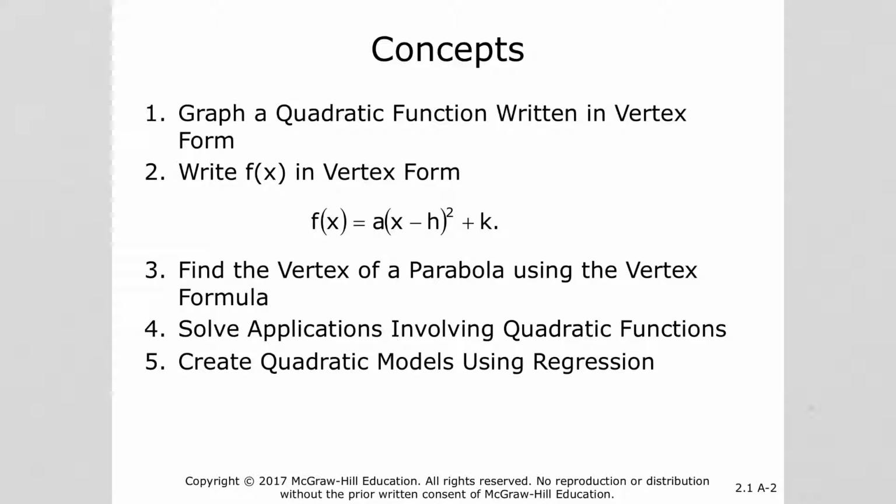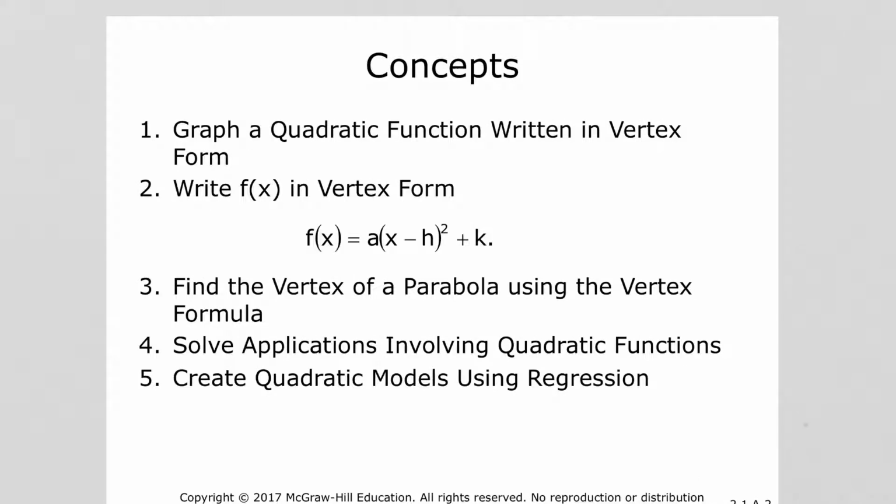In this form, (h, k) is the vertex of the parabola. So notice h has a negative here, so it's opposite of what's inside the parentheses, and then just regular k here, okay?